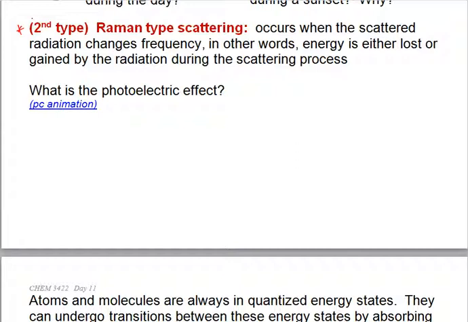In Raman scattering, these scattering processes are not elastic. They would be inelastic, to use the technical jargon. The point is, energy is either lost or gained when you're scattering for Raman. So you're going to hear the term Raman spectroscopy because there's actual interaction between light and matter. We don't have one of those, but okay.